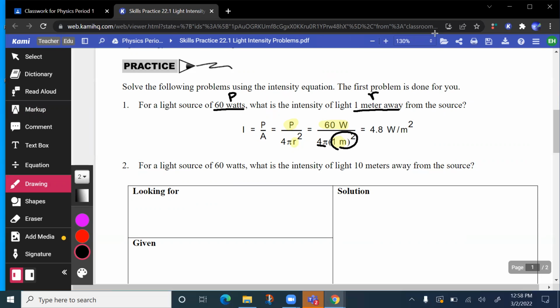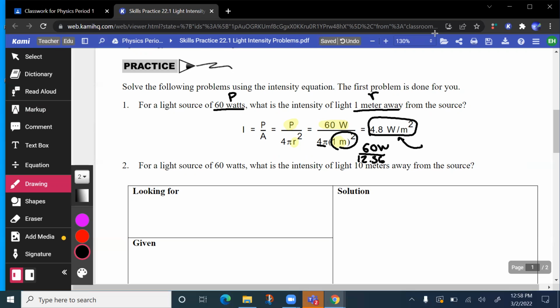You might have to go second function or shift to get it, but everybody has a pi button. When you calculate this, we end up with 60 watts divided by 12.56. When you go 60 divided by 12.56, that's where you get 4.77 or 4.8 watts per meter squared.